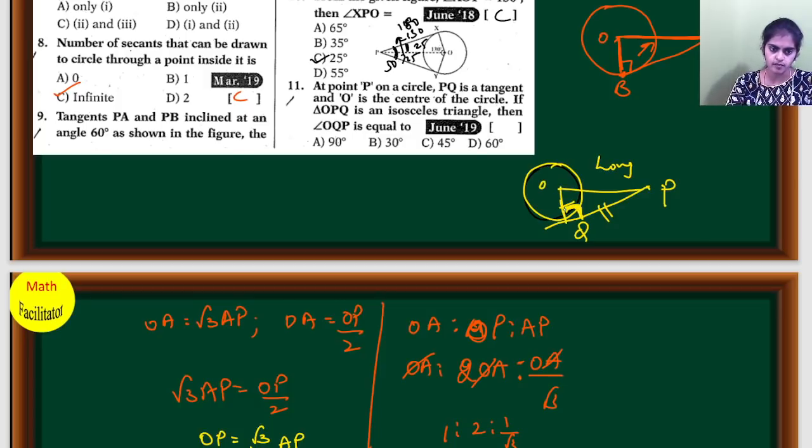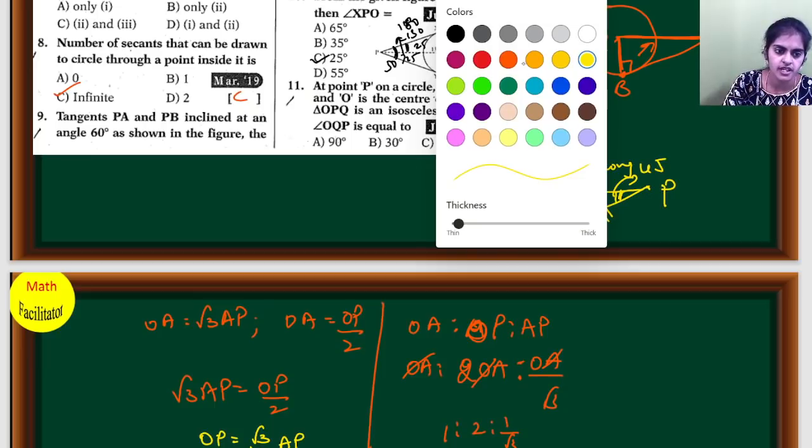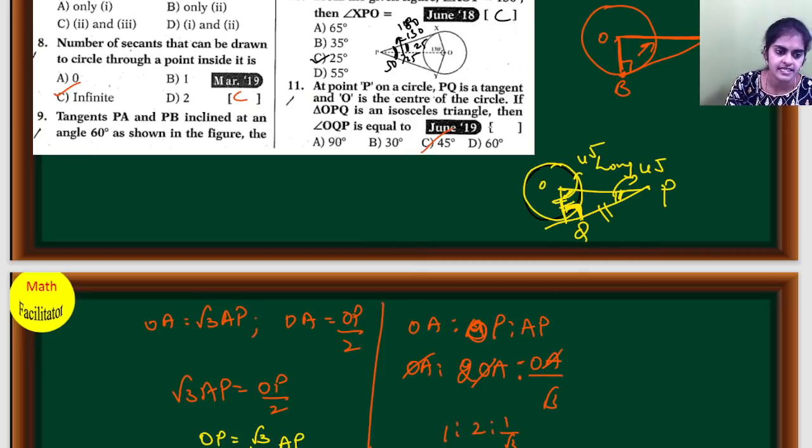So radius and tangent are perpendicular. So these two sides are equal now. Now you have to find angle OPQ. This angle. So if this is 90 and these two sides are equal, these two angles are also equal. So total is 180. This is 90. So this will be 45 and 45. Okay. So option C is correct.